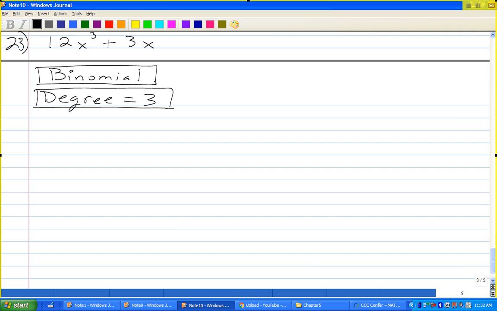25. Negative 3x to the 5th plus 7x squared plus 9. There are three terms. Therefore, this is a trinomial.